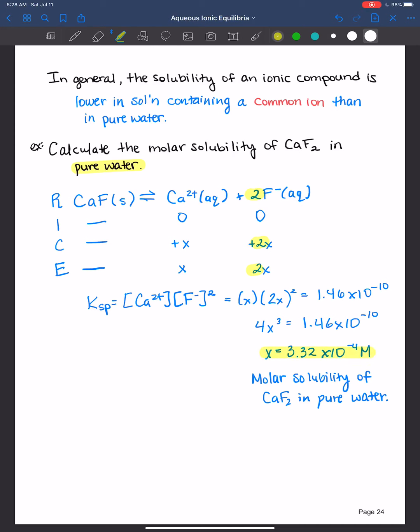So what that means is that if I made that concentration of solution of calcium fluoride in water, and let me fix this here, I forgot to put my 2 right here for the fluoride. So if we were to make calcium fluoride in pure water at this concentration, then we reach saturation. Anything more concentrated than that, and we would see calcium fluoride precipitate out of solution, or sometimes I like to say crash out of solution. So once again, this is a very dilute solution, which really indicates furthermore that calcium fluoride is just not that soluble in water.